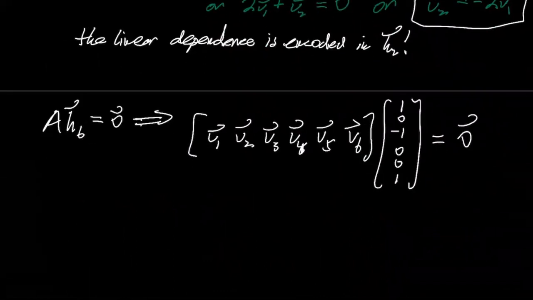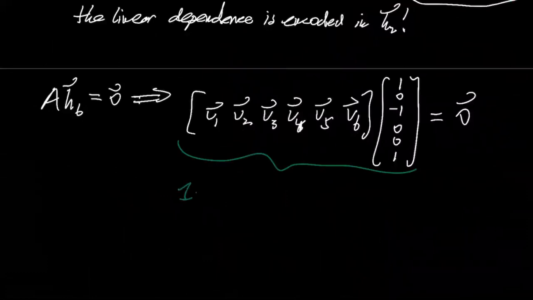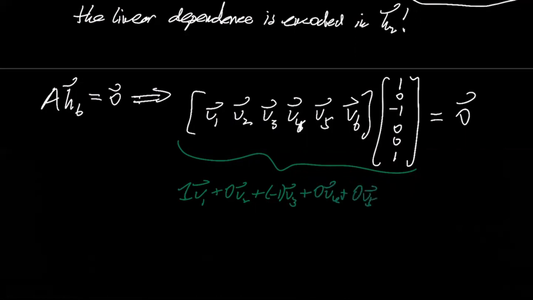And again, if we rewrite this, this is 1 times V1 plus 0 times V2 plus minus 1 times V3 plus 0 times V4 plus 0 times V5 plus 1 times V6 equals 0. Or V1 minus V3 plus V6 equals 0.